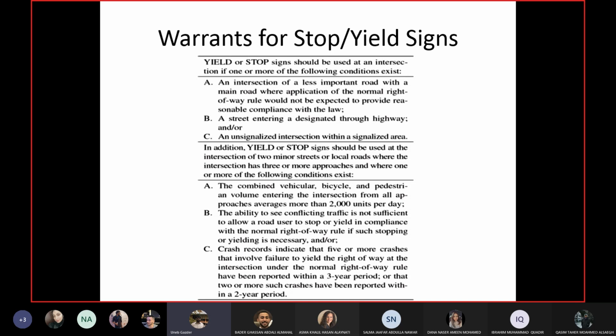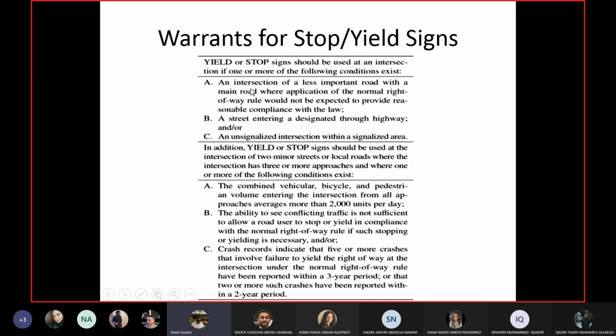Okay. So if you are looking to put a traffic control device at an intersection, then you must see whether you are meeting the warrants or not. Okay, so these are the warrants for the stop and yield signs. For stop and yield signs, we use the same warrants. Okay, so a stop and yield sign should be used if you are meeting any one of the conditions A, B, C, these first three. Let us talk about them, then we will talk about the other set of conditions as well.